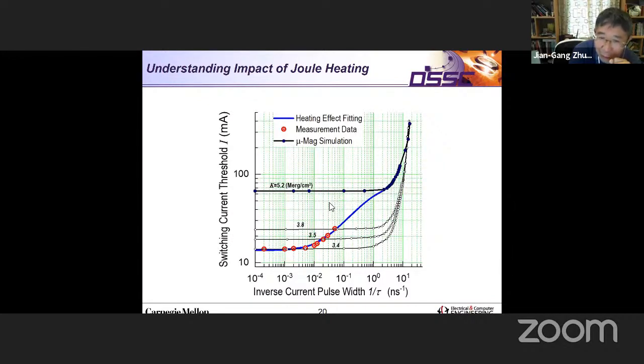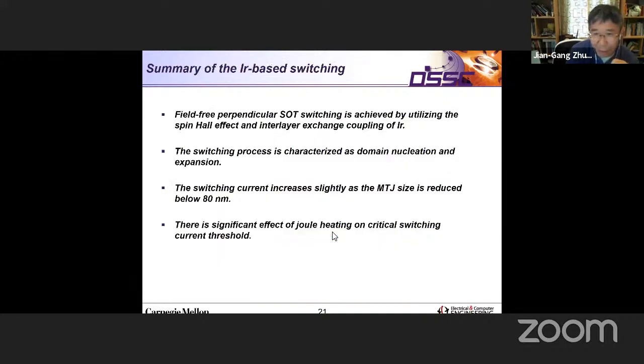All you measure is really the reduction of the anisotropy in the free layer. The same thing is true for the STT MTJs. As long as your pulse is not shorter than a nanosecond, you're always going to get into this thermal region that heats up the device and reduces the anisotropy significantly. Thank you.